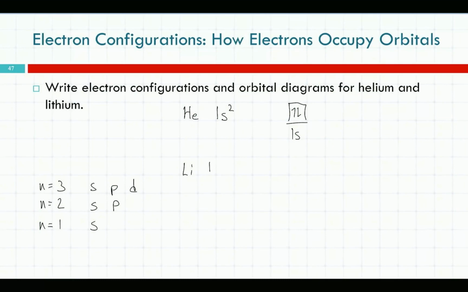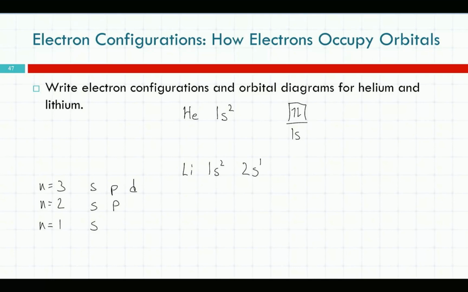But when I go to put those electrons into orbitals, the Pauli exclusion principle means I can only have 2 electrons in an orbital. So if I do 1s, I can have 2 electrons there. But I can't put that 3rd electron in. So it has to go into whatever the next orbital is. So the next lowest energy orbital will be the 2s. And I have 1 electron left over, so I just put the electron in there.